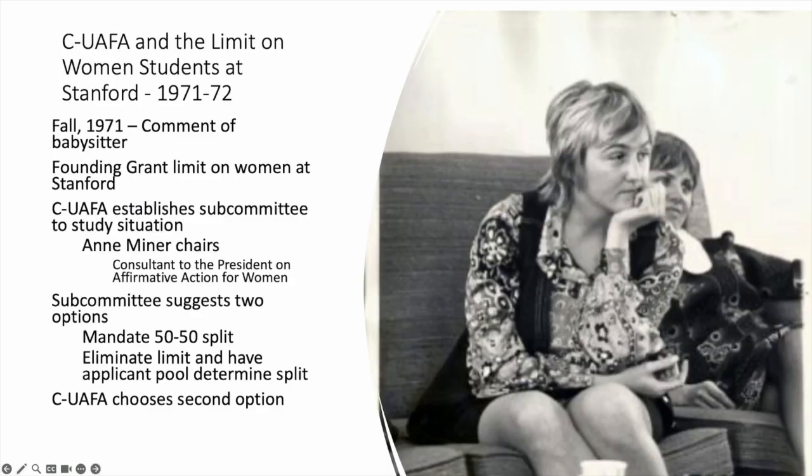So I went to CUAFA and discussed it, and we set up a subcommittee chaired by Ann Miner, who was then a special consultant to the president on the academic affairs of women. And in the process, I learned that Mrs. Stanford had put a limit of 500 on the number of women that could be students at Stanford after Governor Stanford died.